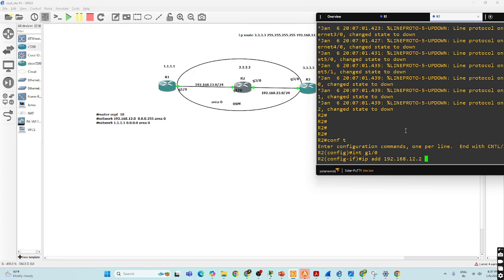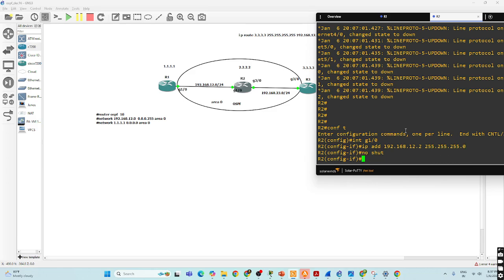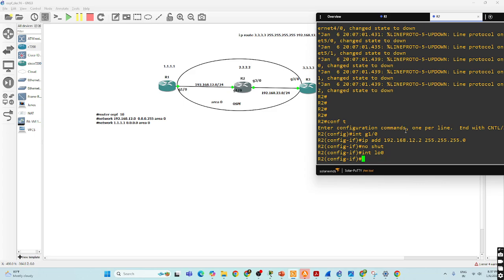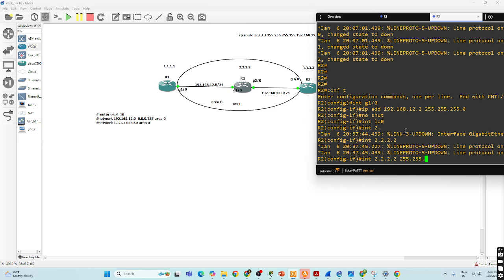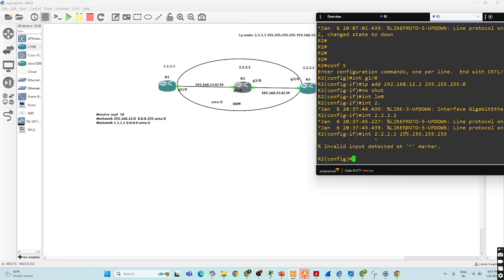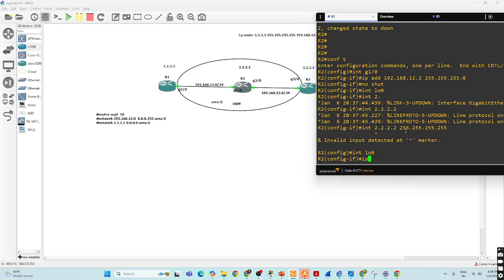And 192.168.23.0. What is the loopback IP I'm taking? This is the one. Two. So just watch it and let me know if I'm doing anything wrong. Interface loopback 0, IP address.